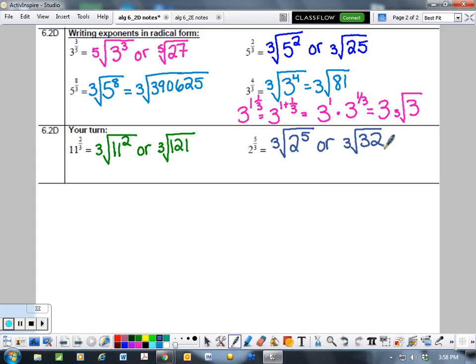Or I can use my new handy dandy fraction trick I just taught you. And we can go back in and we can say, well, you know what? 5/3 is really 1 2/3.